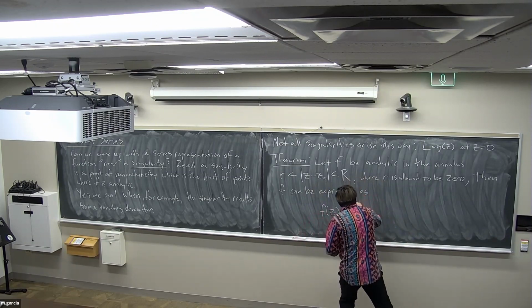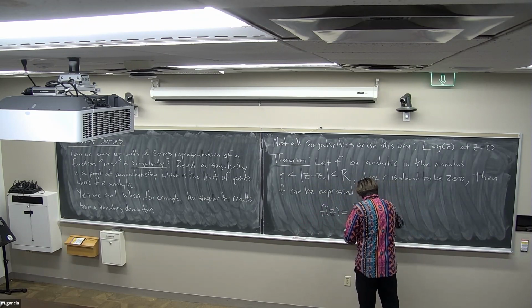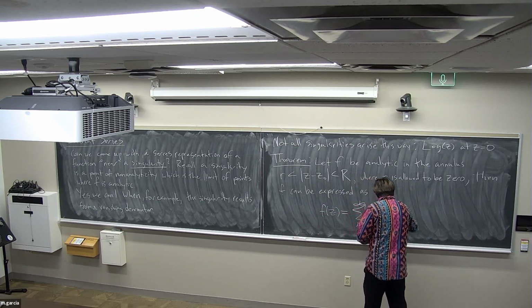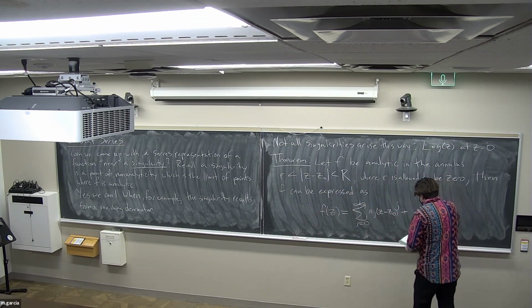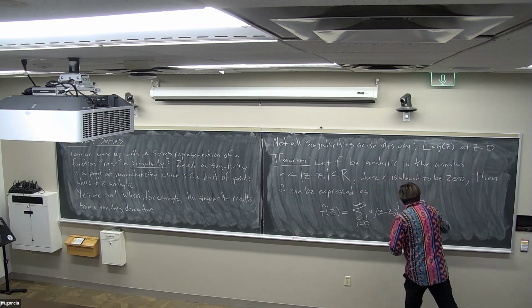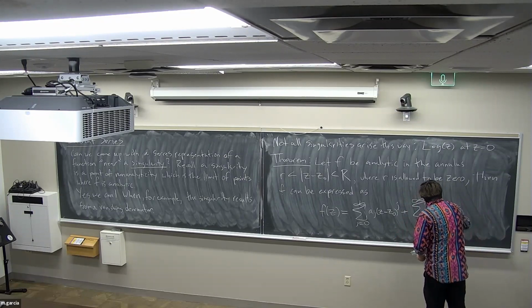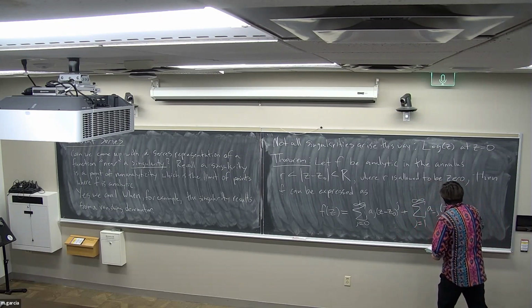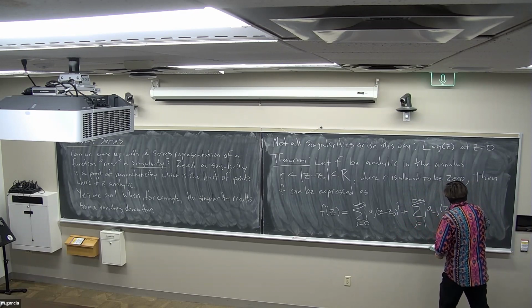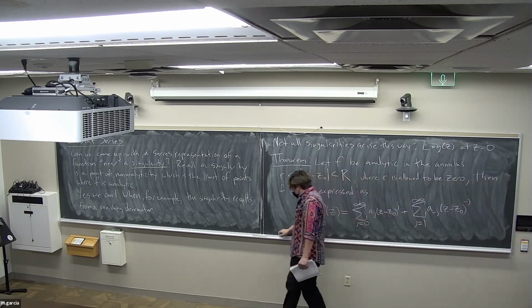Okay, so we have a power series going from j equals 0 to infinity of a sub j times z minus z naught to the j power, plus the sum from j equals 1 to infinity of a sub negative j times z minus z naught to the negative j power.